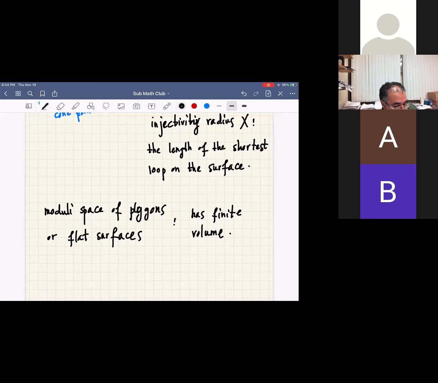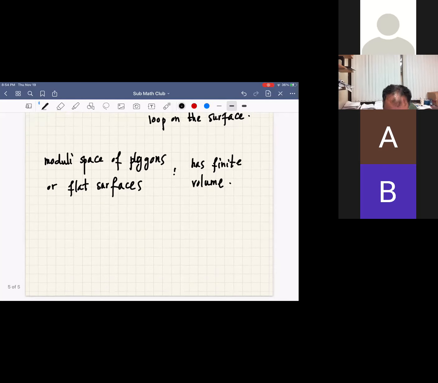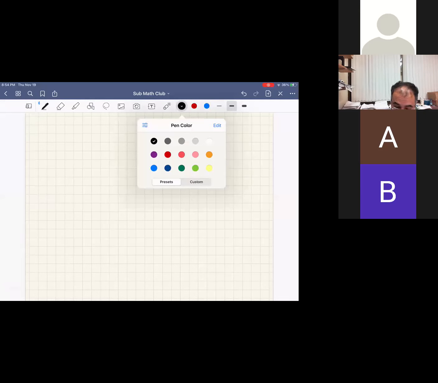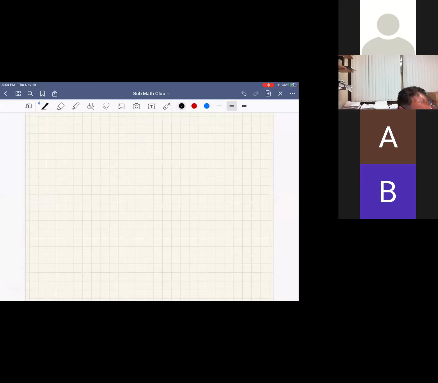So now that I have discussed all these things, let me also tell you, I'm not sure if I get enough time to get into more details, but now that we have this space, there is also a way of deforming these polygons, or these flat surfaces.